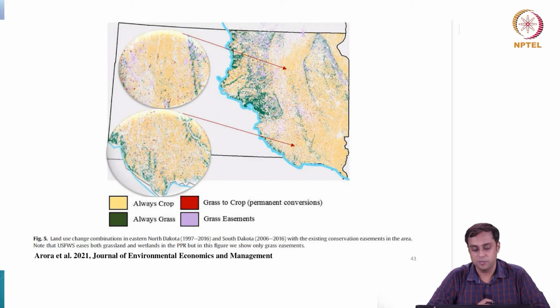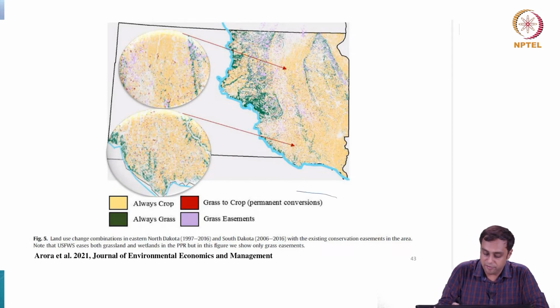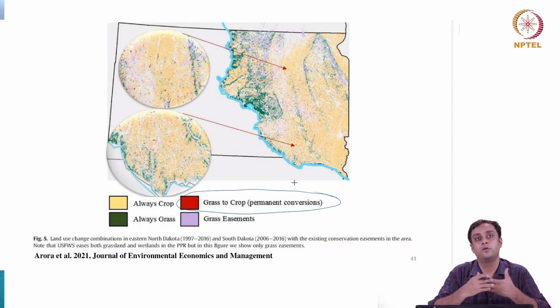This is another image which is also using raster data. On this image you have categories like always crop, always grass. So you have grasslands, you have croplands, existing beside each other. And among these, very interesting dynamics are grassland to cropland conversion.